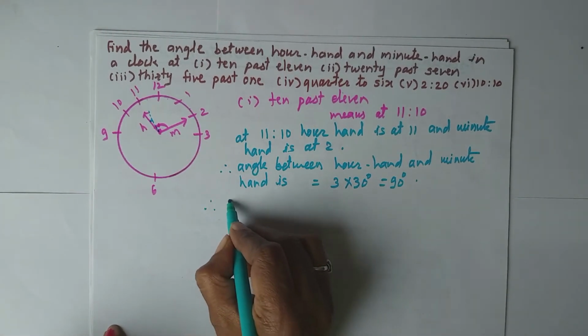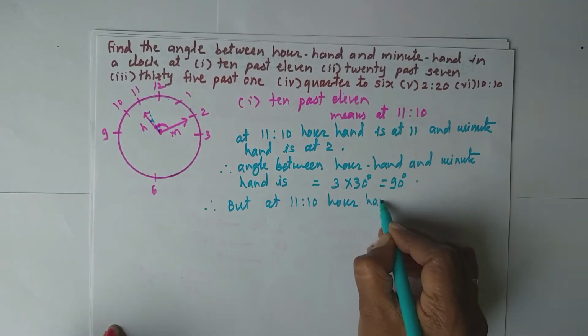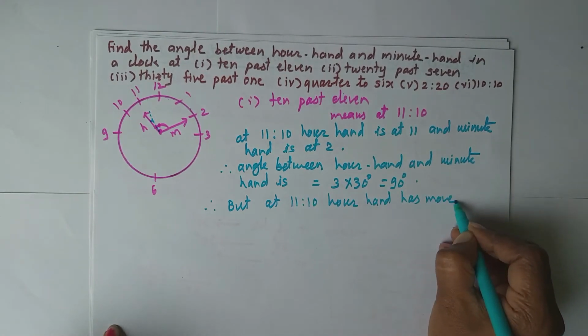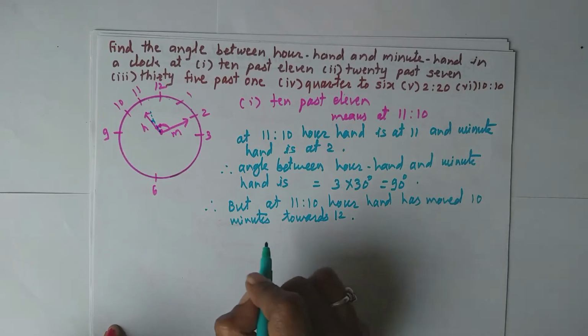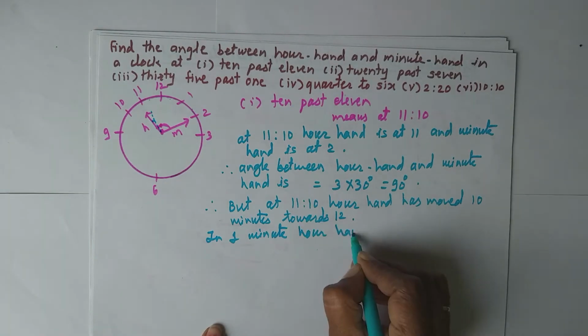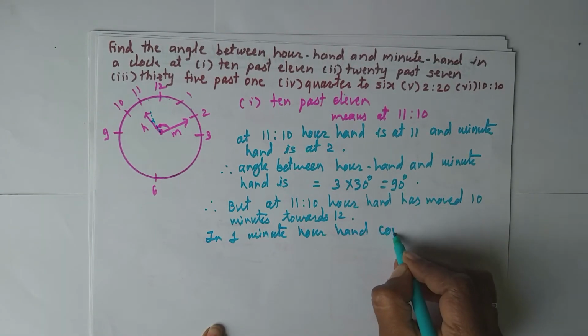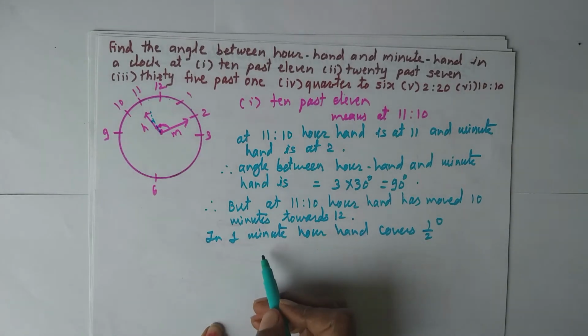Therefore you write down: at 11:10 the hour hand has moved 10 minutes towards 12. In 60 minutes, it moves 30 degrees.